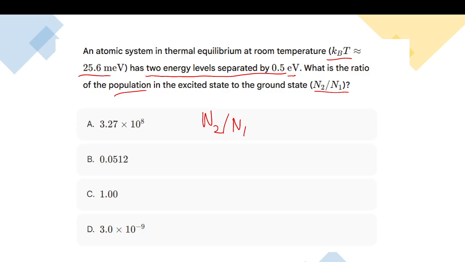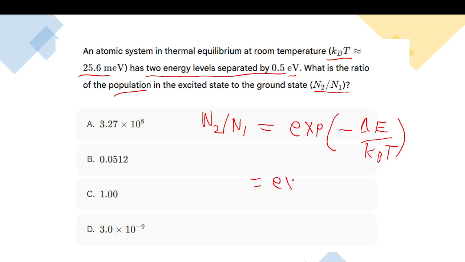N2 divided by N1, the Boltzmann distribution equation, is exp minus del E divided by kBT. What does it mean? The energy gap between the two energy levels is given as 0.5 electron volt, so in milli electron volt it will be 500 milli electron volt.